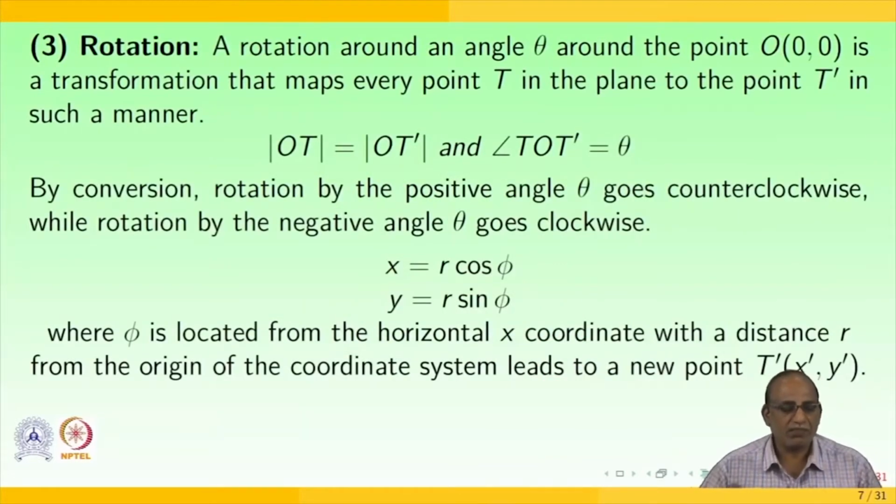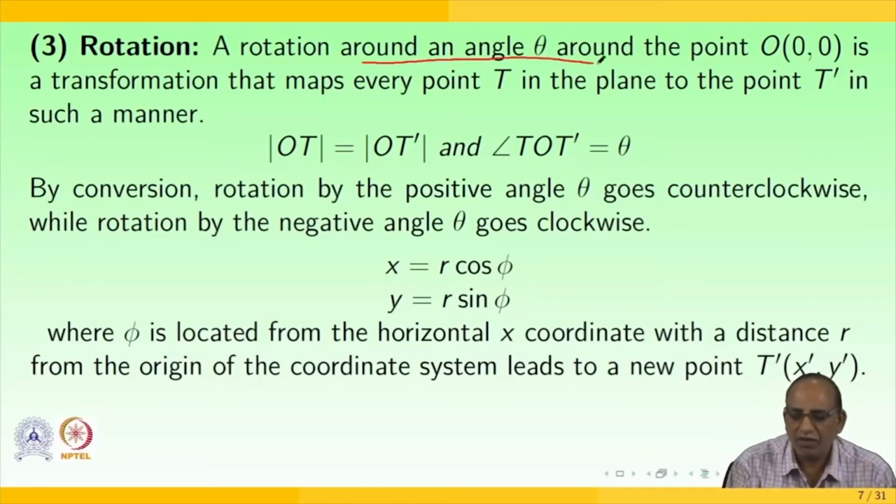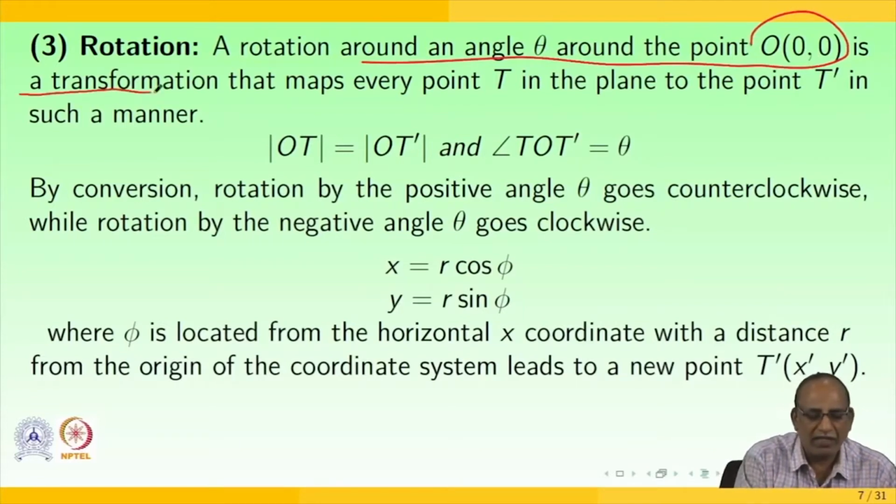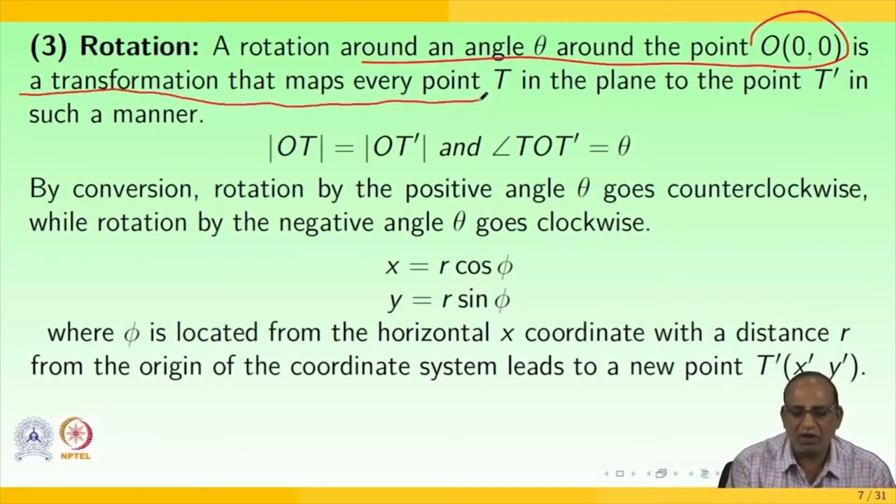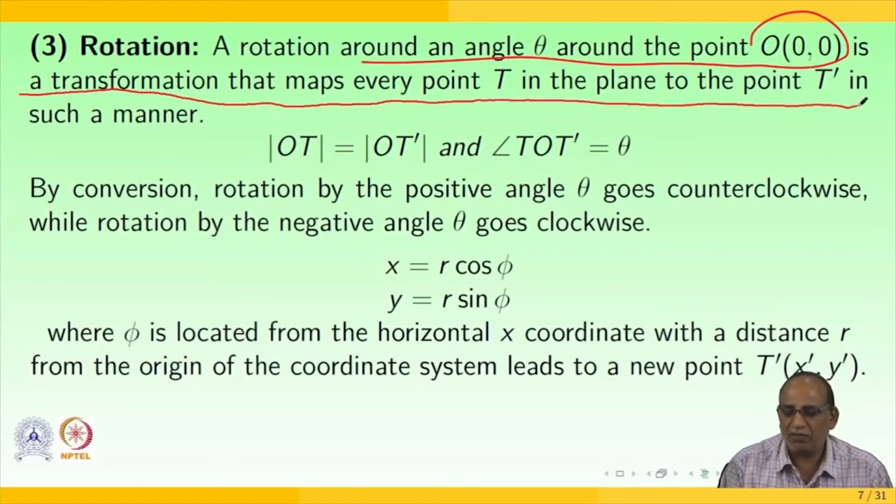Rotation is a rotation around an angle theta at the point 0, 0. It is a transformation that maps every point T in the plane to the point T prime.